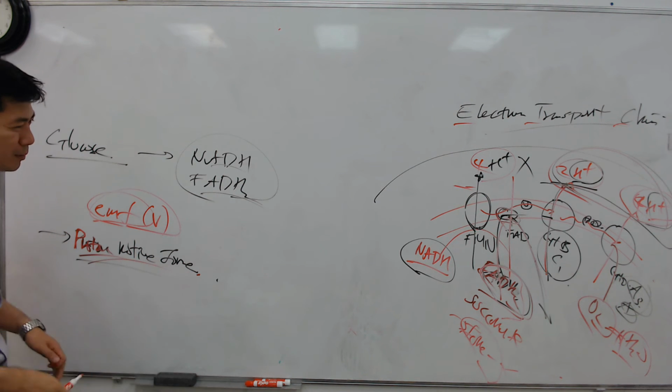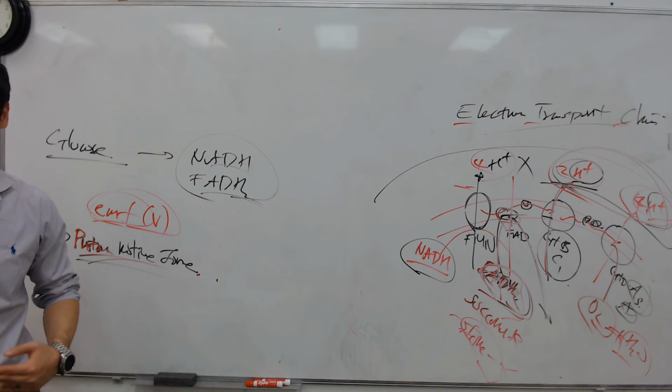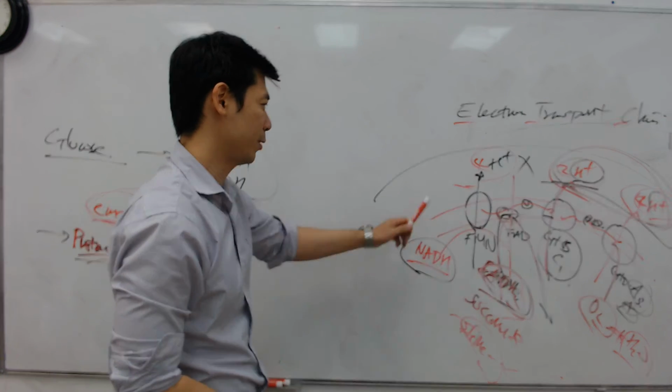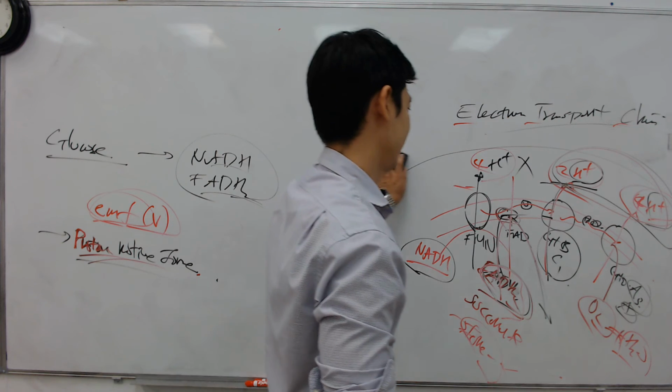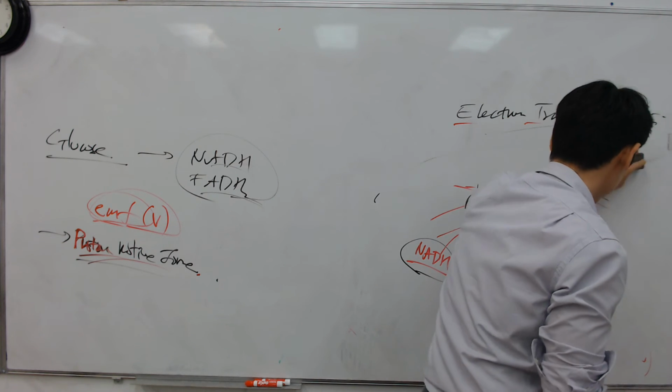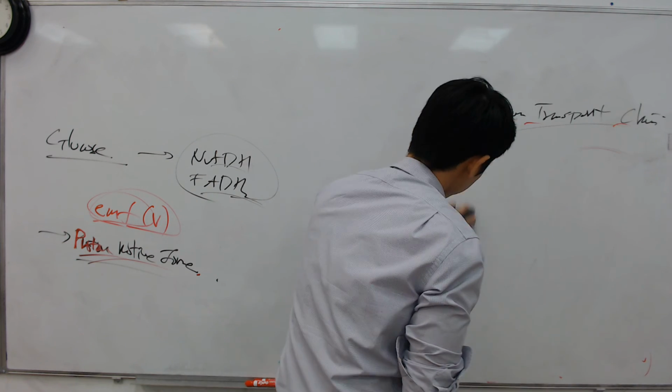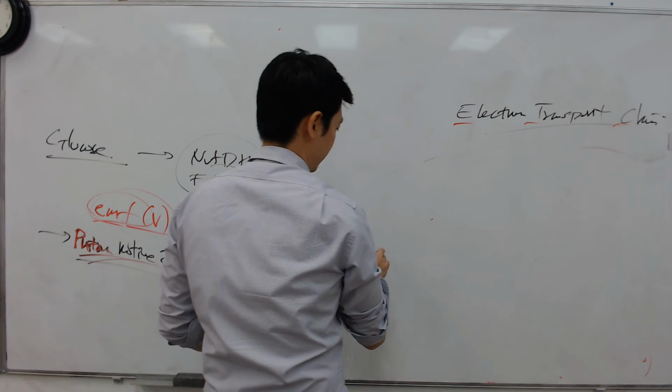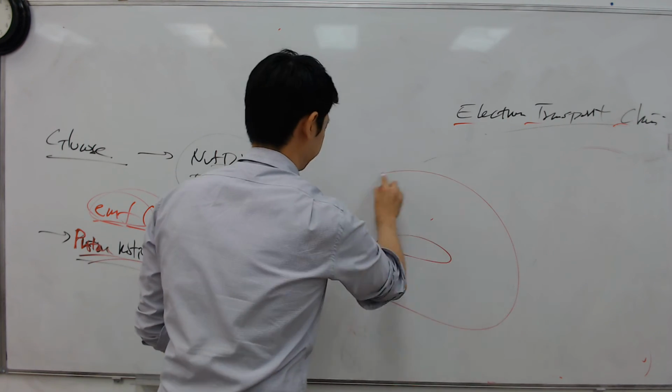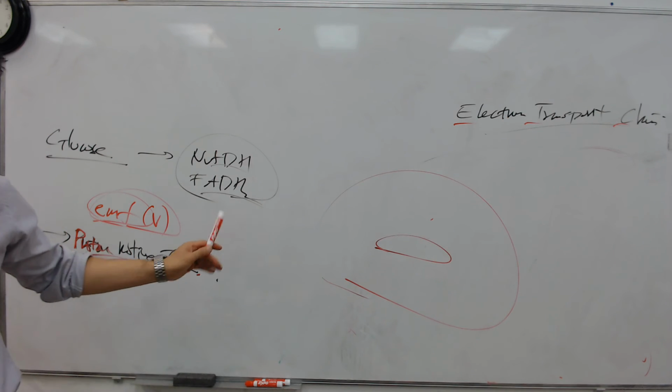So what it means, guys, is that with the energy, they pump all the H plus out here. So high level, if you think about it, this is the matrix, and that's the intermembrane space. I just drew whatever.